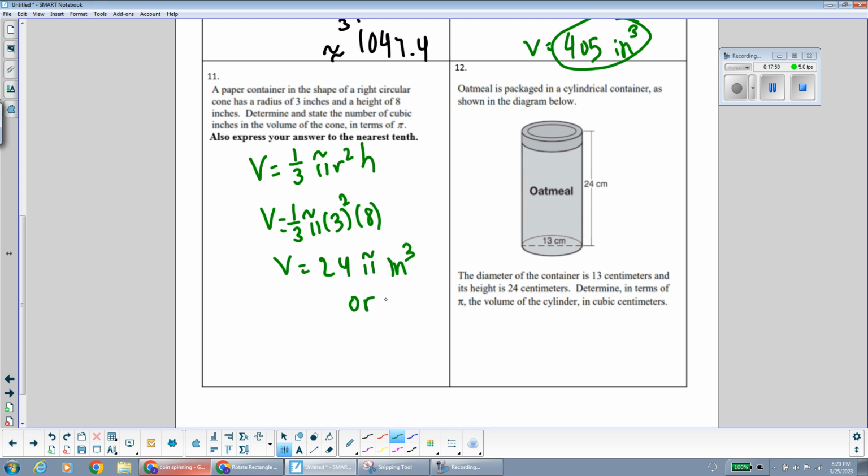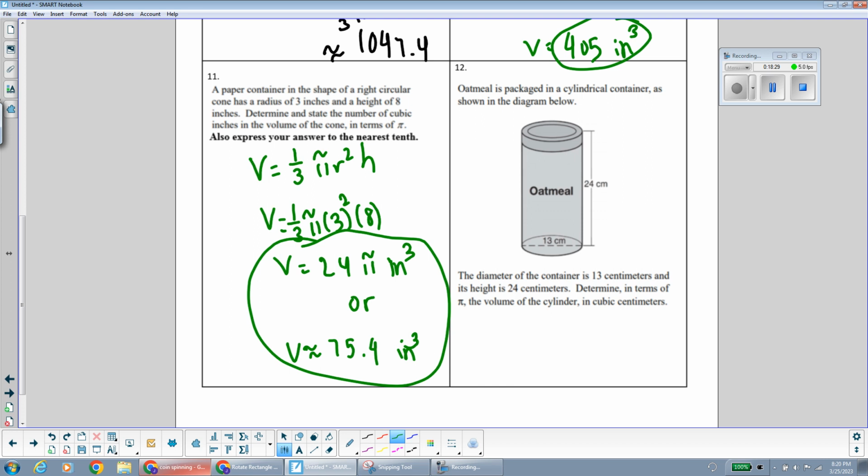Or if I put pi now into my calculator, 24 times pi, and I round to the nearest tenth, that is approximately 75.4 cubic inches. So here is our answer expressed in 2 ways.